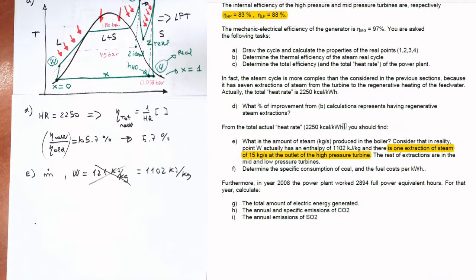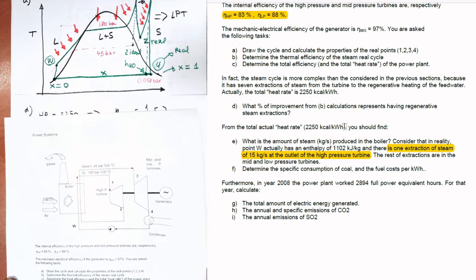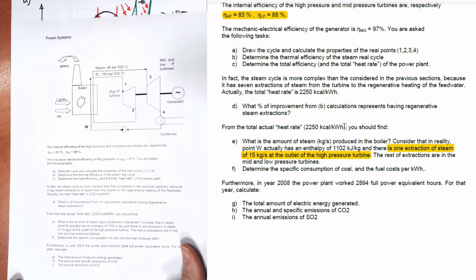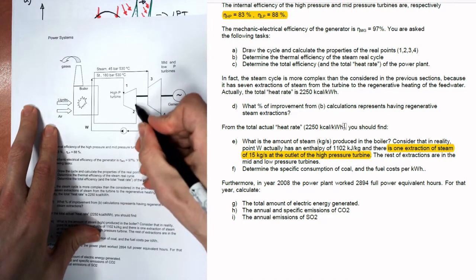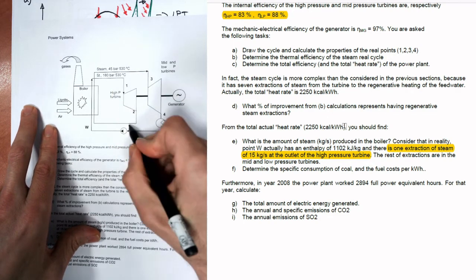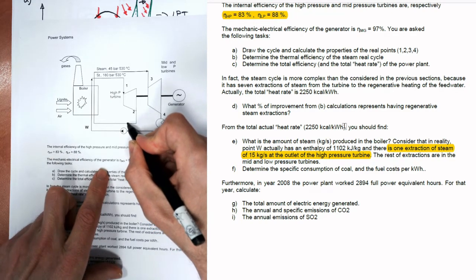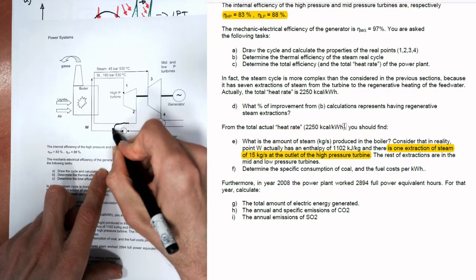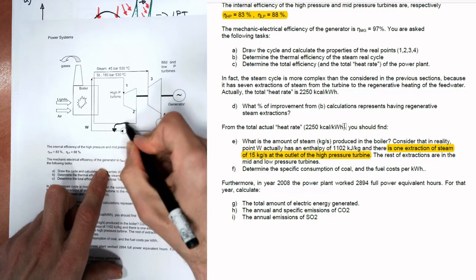Let me draw how this looks. Let's bring the drawing here. I don't know if you can see it clearly. So what it's telling us is that we take, you look, this is at 45 bar, and we will take this and mix it here. So we take 15 kilos per second here.